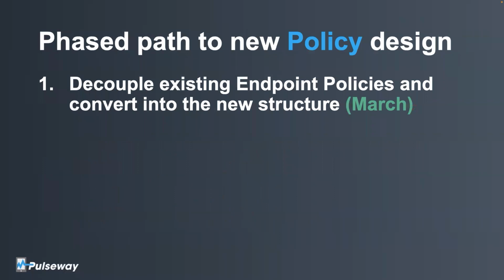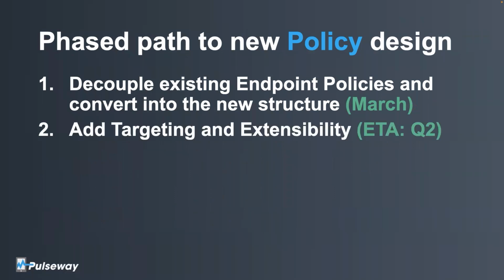But this is, as I said, the first phase of a new design. The first thing, and this is what is coming in 9.2 in March 2023, is we are decoupling those existing endpoint policies and converting to the new structure. So that is what we've just been talking about. The next step is to add targeting and extensibility.